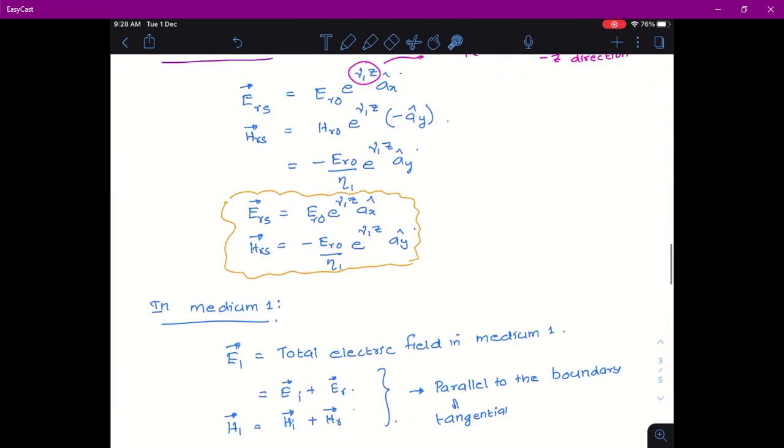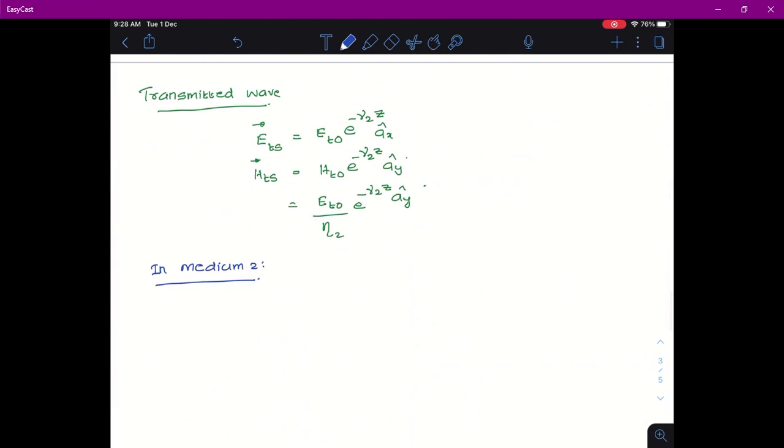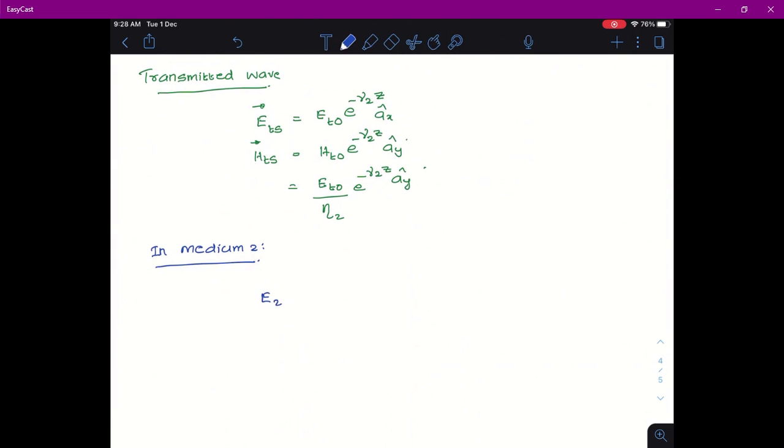So I can write in medium number 2, E2 is equal to ET and H2 is equal to HT. So we have now found out the total electric and magnetic field in both the mediums. And you can also see that these are tangential to the boundary.